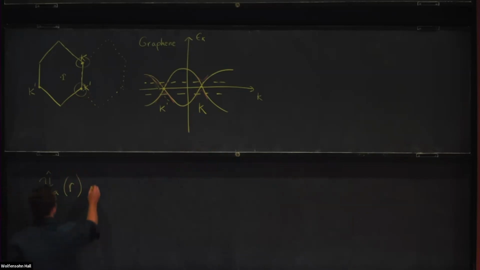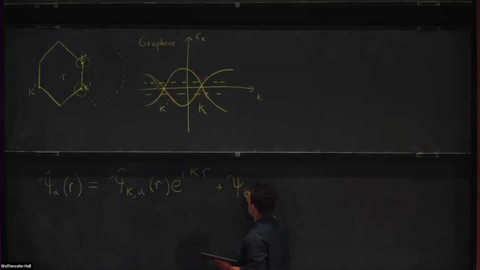And what I'm going to do is imagine that this operator can be broken into two parts. The part of the operator which creates electrons near the K valley in sublattice A, R, plus the part that creates electrons near the K prime valley.